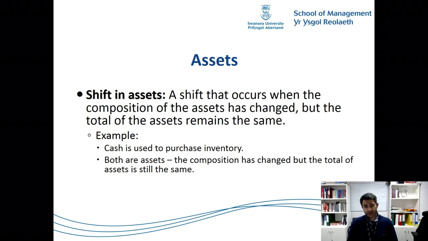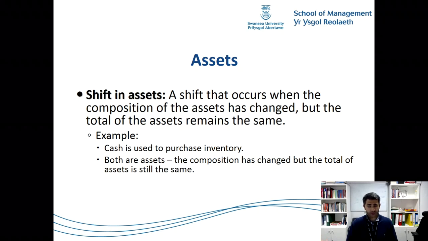So now, remember, if the business bought inventory on cash, what happened in cash? Cash goes down, because they paid in cash, isn't it? So that means assets goes down. What happened in the inventory? Inventory goes up because they bought inventory.